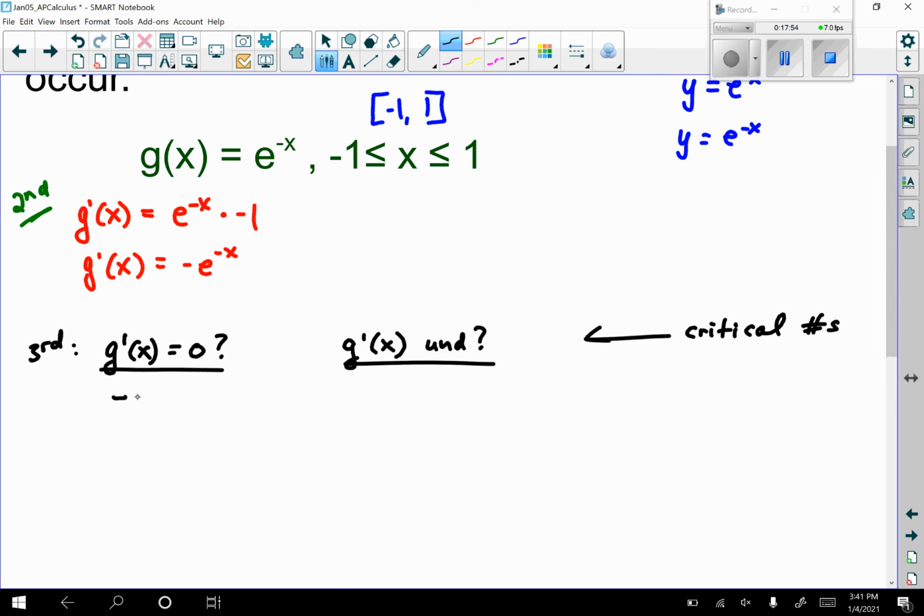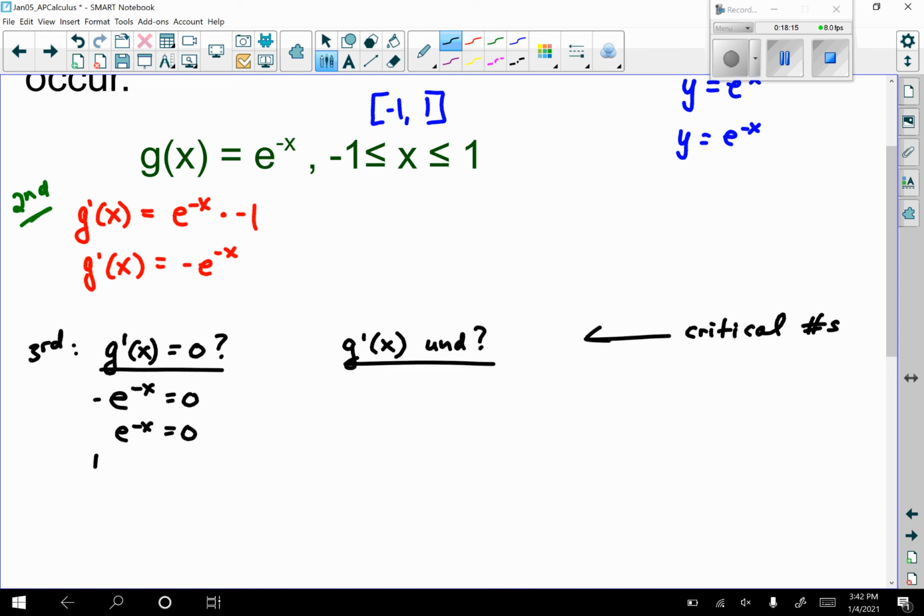So let's set negative e to the negative x equal to 0. Or we could say e to the negative x, if that will ever equal 0. So if you picture the graph of this, that's fine. But we could still use algebra to help us out. We could do what to both sides, guys?